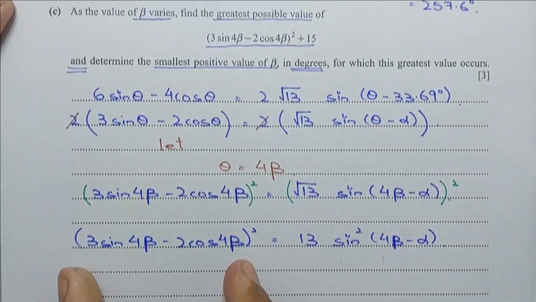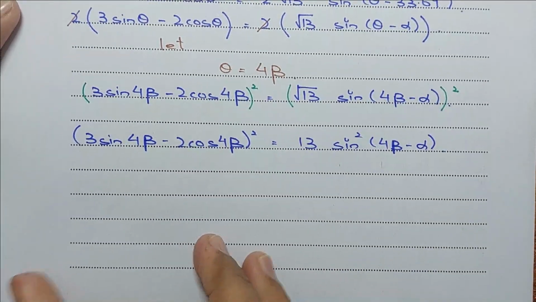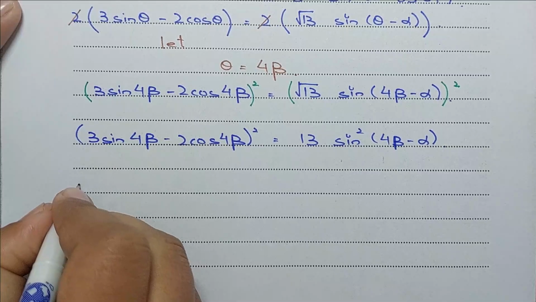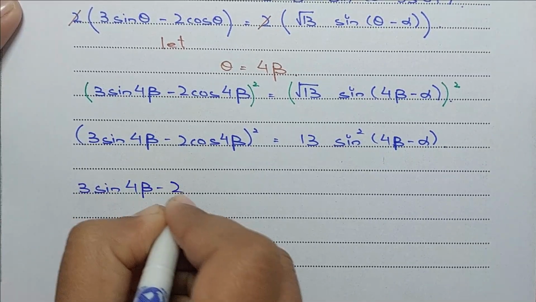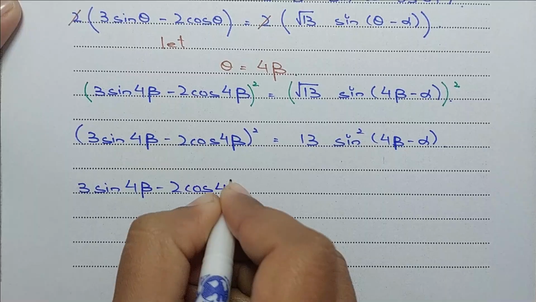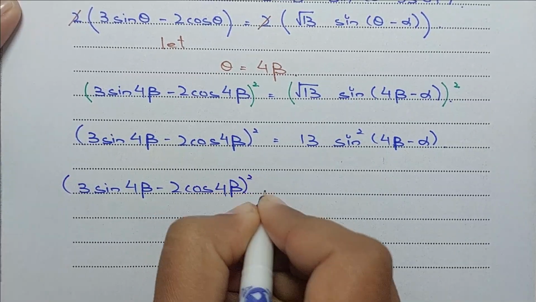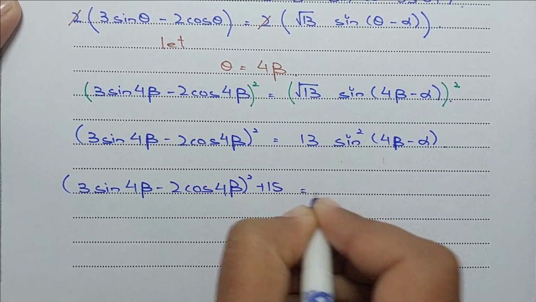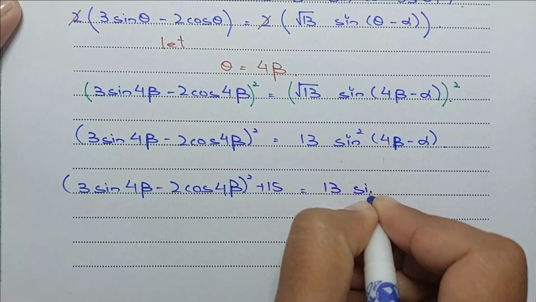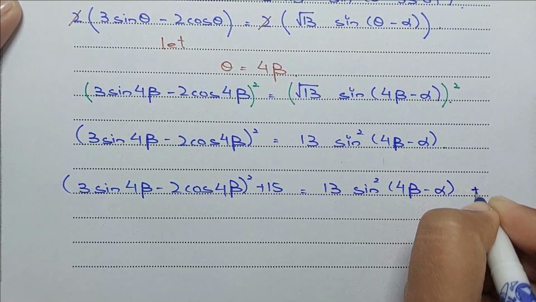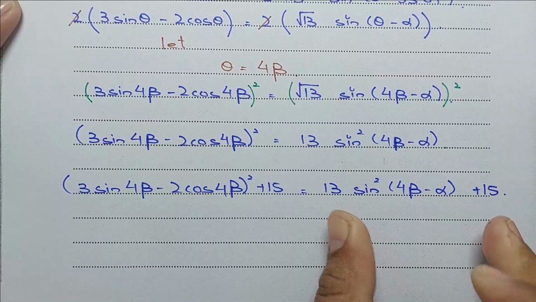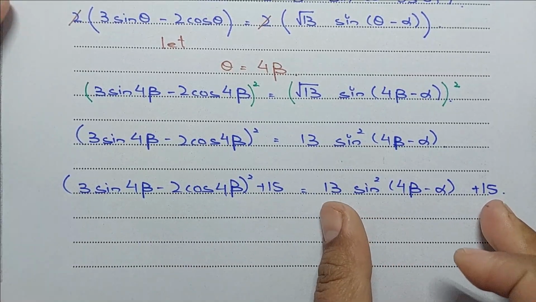So just add 15 on both sides. This would be equal to 13 sine squared of 4 beta minus alpha plus 15. Now this expression is equivalent to this one, right?